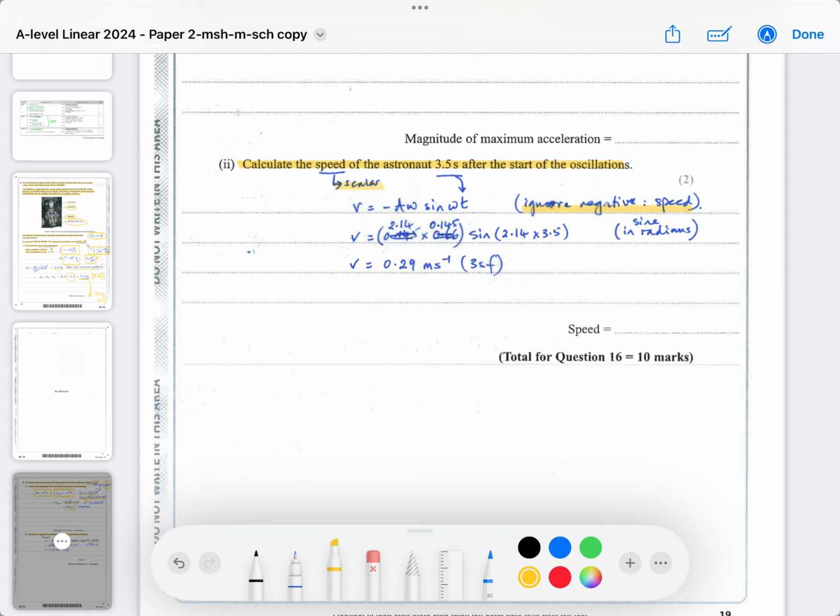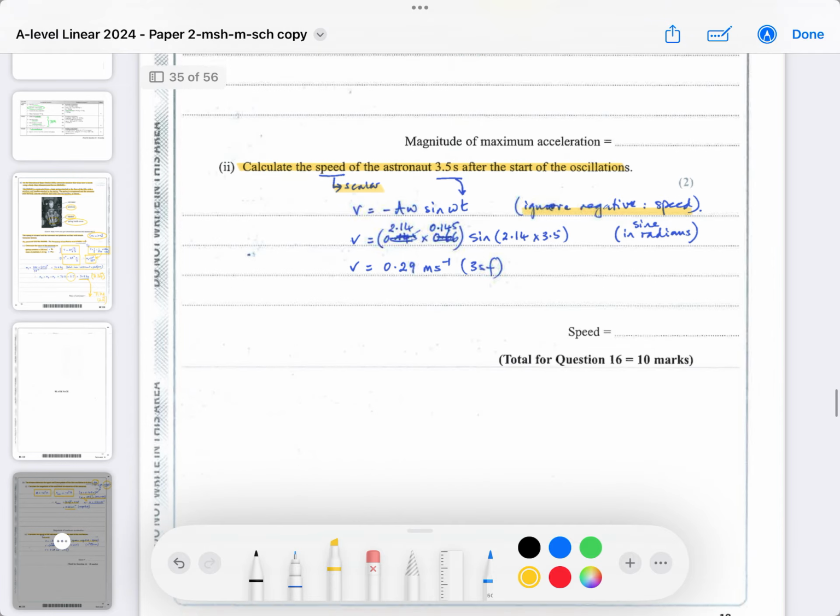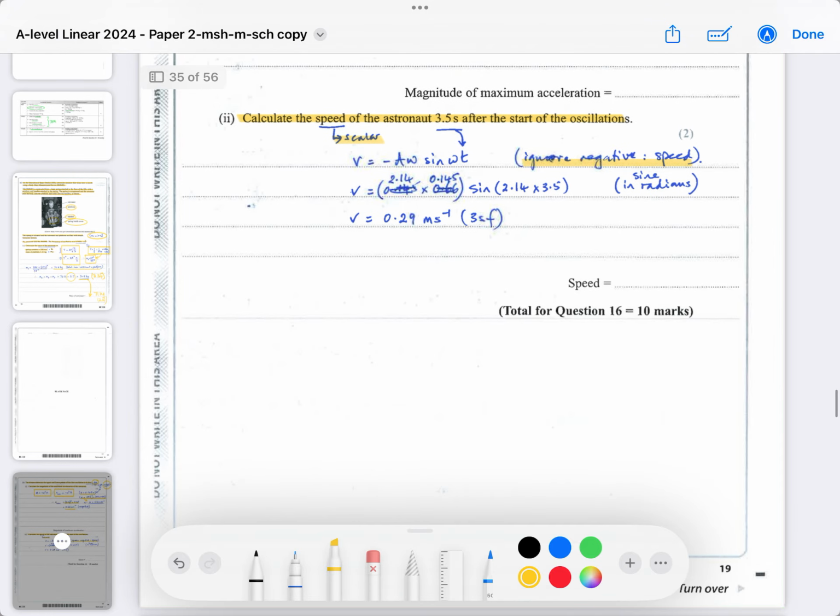We know A and omega. A was 0.145 and omega is 2.14, so you just multiply those two. There should be a minus sign, mathematically speaking. And then you put sine omega t, where t is 3.5.